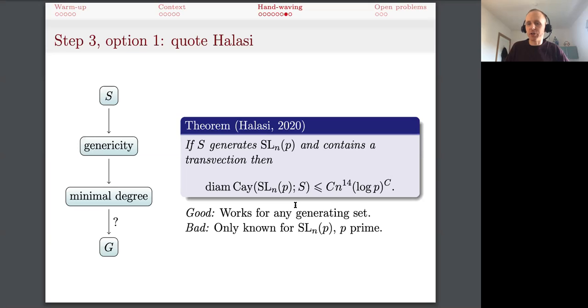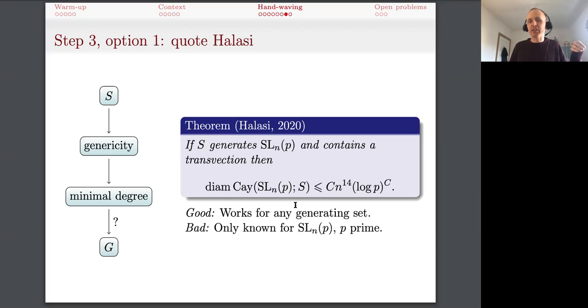It appeared on the arXiv not long before our paper, which says that Babai's conjecture is true in this case. So if you have a generating set of SL_N(p) and it includes a transvection, then the diameter is at most polynomial in n. So this is great for us. That just gets the job done.